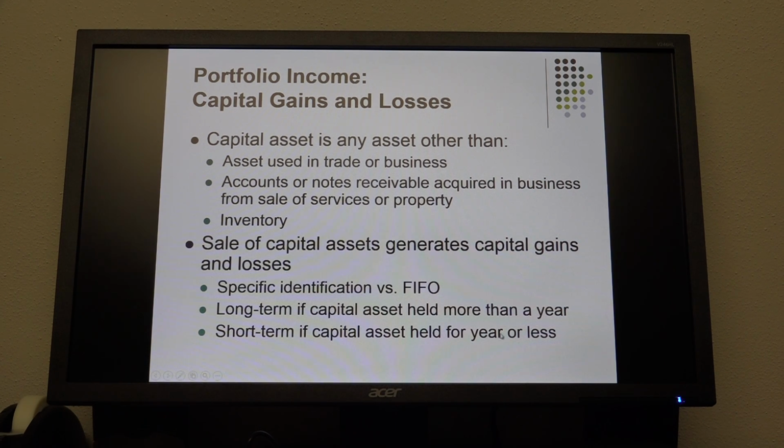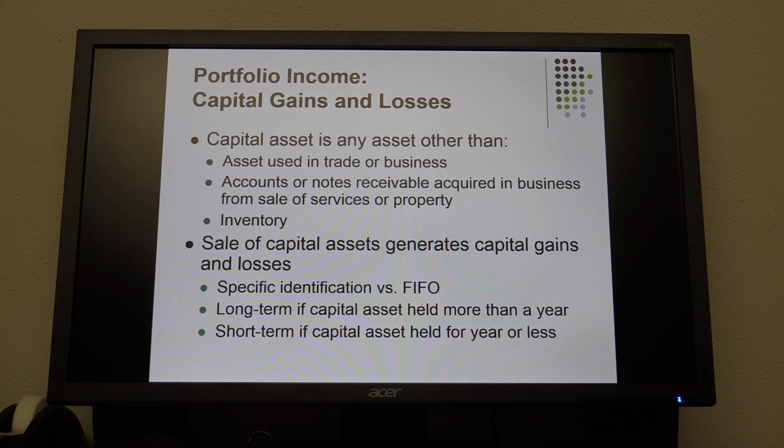So what determines whether or not a capital asset is sold for a gain or a loss? Well, what you do is compare the proceeds of the sale or exchange, in other words, what the taxpayer is getting. Again, it doesn't have to necessarily be cash.